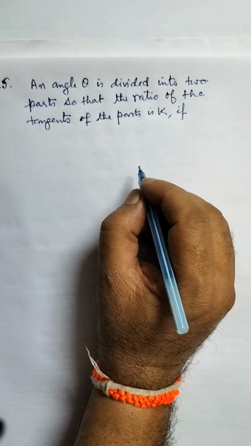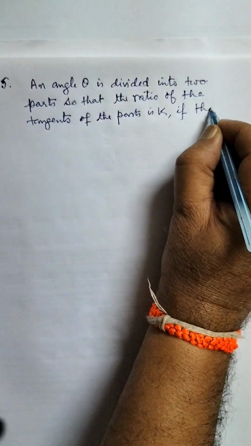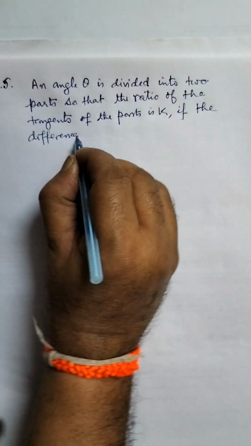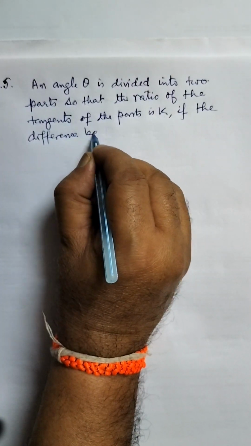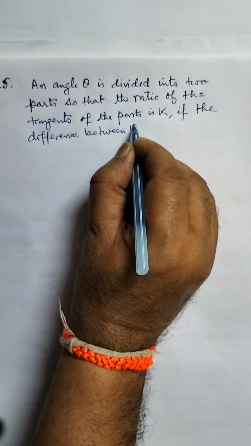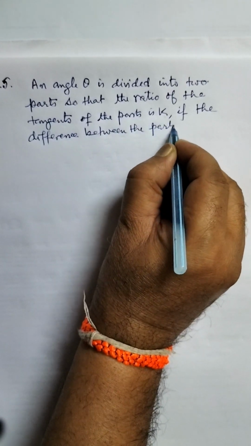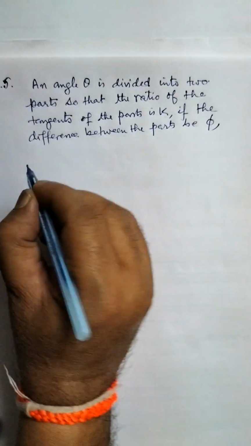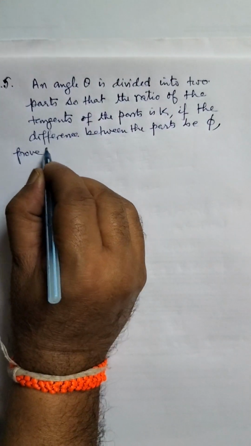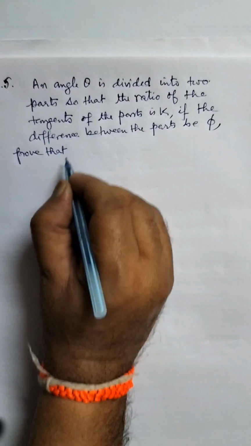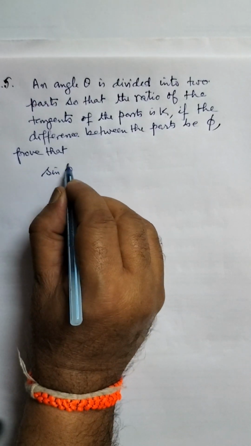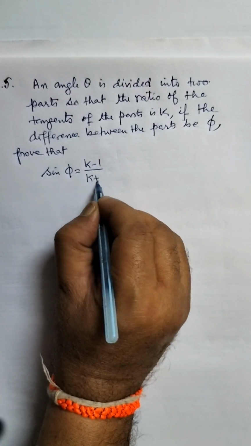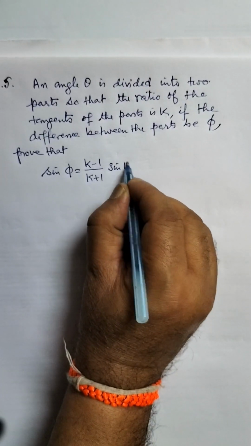If the difference between the parts be phi, prove that sin phi is equal to k minus 1 on k plus 1 of sin theta.